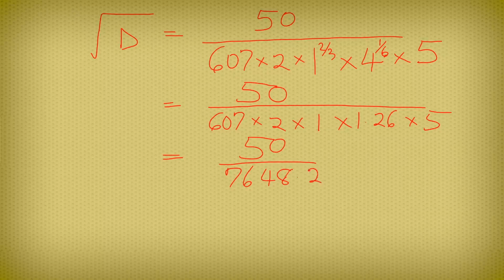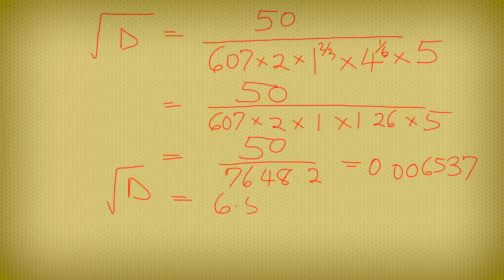Now this is 50 over, if you carry out all these multiplications, you're going to have 7648.2. We're still working with square root of D. Remember, we'll have to bring this down to D. So if you do this arithmetic, this should give you 0.00653. So in other words, square root of D is 6.537 times 10 to the power minus 3.